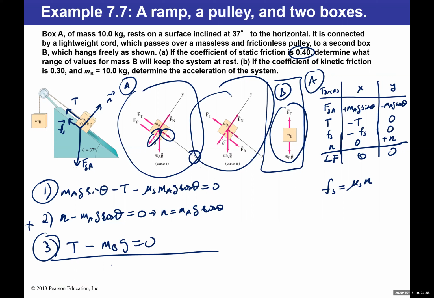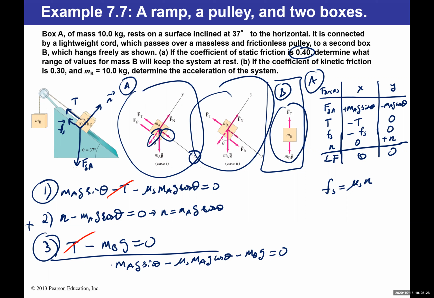And again, why am I doing that? Well, so then I can cancel the tension. If I cancel the tension, what I get here is m_A g sine of theta minus mu s m_A g cosine of theta, then minus m_B g, on the left side of everything. On the right side I have 0.